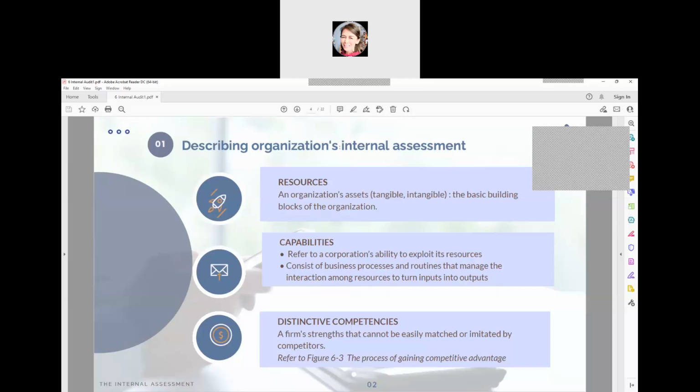Resources are basically the accumulated capital, both financial and non-financial. These are the capital that the company has at its disposal, which can be taken advantage of, increased, and so forth.